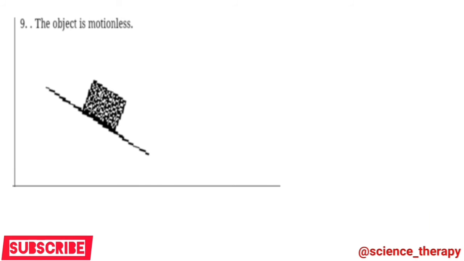So if we have a rough surface, we know that the object is motionless or not moving due to static frictional force. So you can see with this situation, we are not told that there is static frictional force, but then we know that if we place an object on an incline, it should slide down. The reason it is not sliding down is because it is held by static friction.